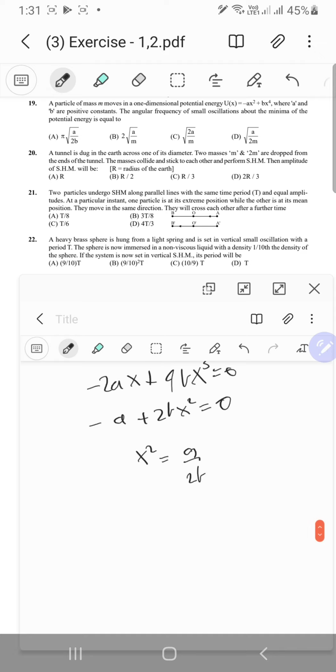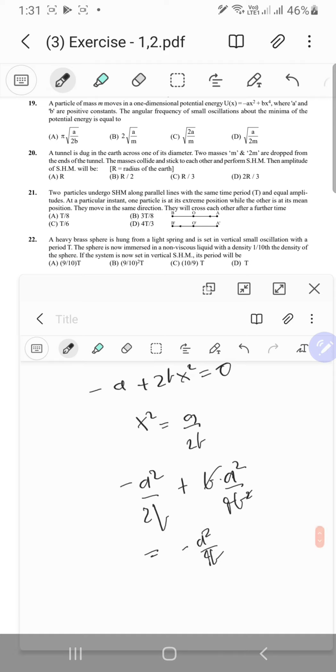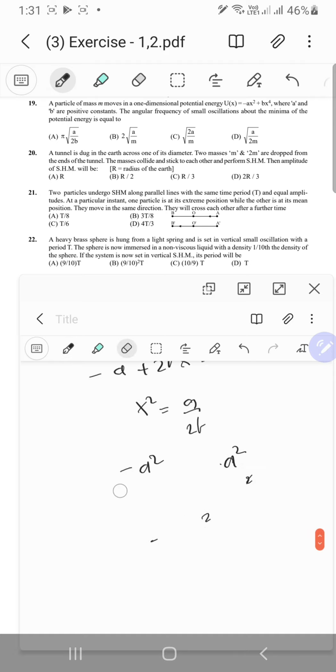What does this give? That gives minus a squared upon 2b plus b x power 4, so b into a squared upon 4b squared. This cancels, just get 4b. So minus a squared upon 4b, which is smaller than 0. So that means this is actually the minimum.